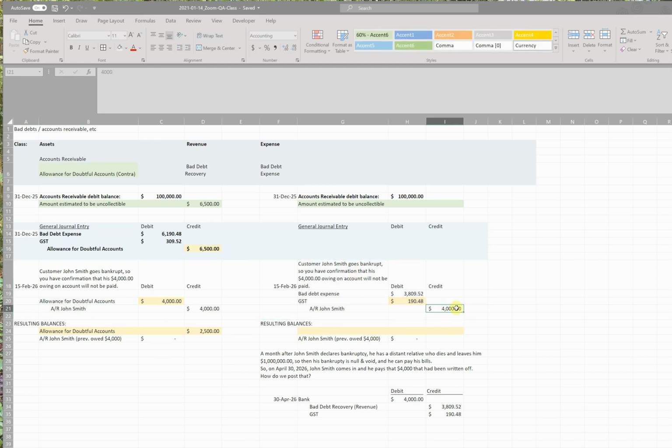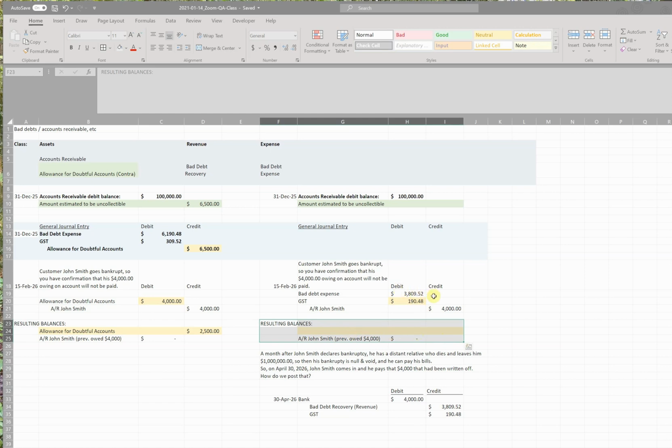So we're going to break out the GST on the $4,000 that comes to $190.48. The difference being bad debt expense, $3,809.52. We record that transaction and then voila, our new resulting balance is that John Smith owes nothing.